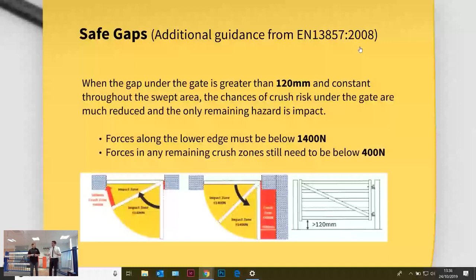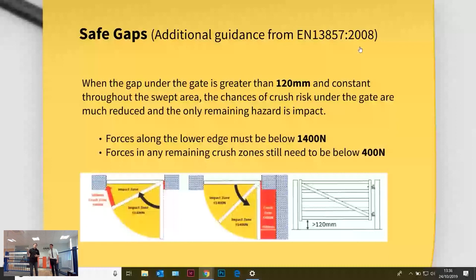Those forces always remain the same: 1400 and 400. As you can see on the slides, within the impact zone we have 1400 newtons, and within the crush zones we then have 400, and you can see them in different areas depending.